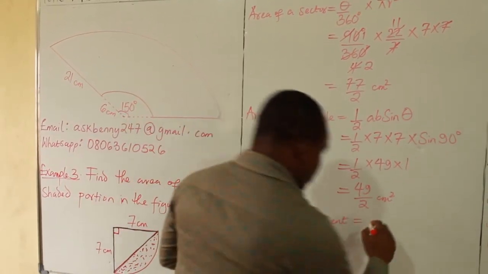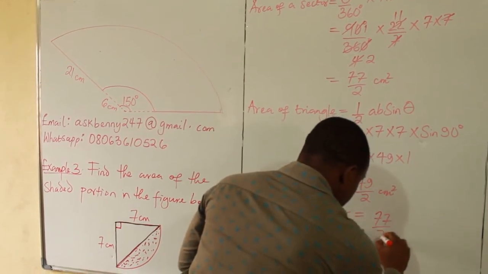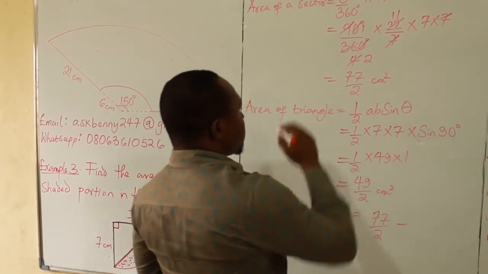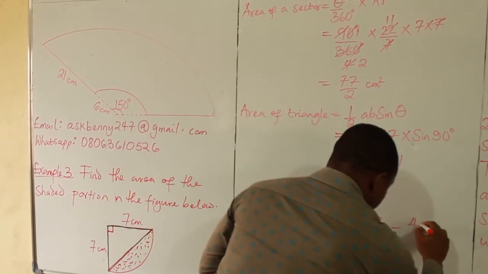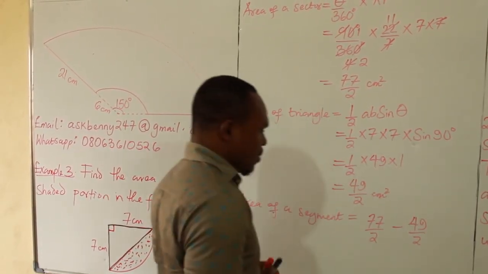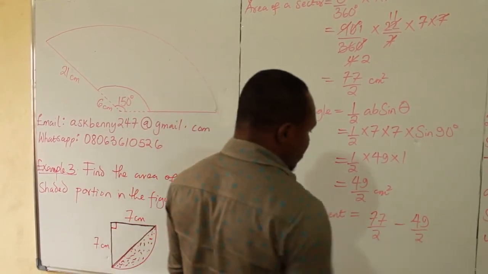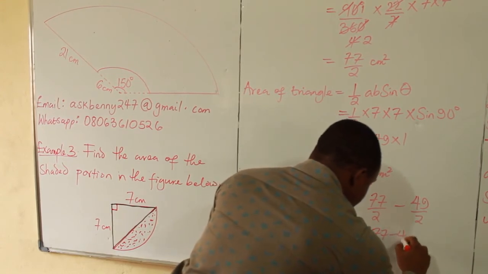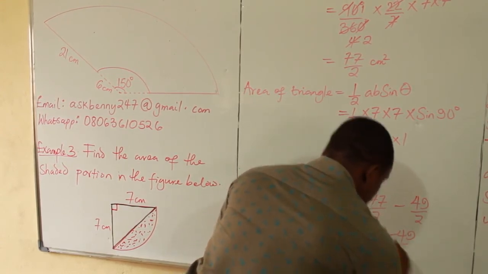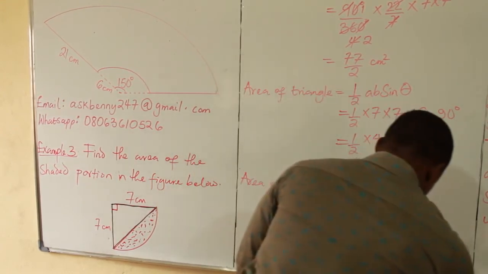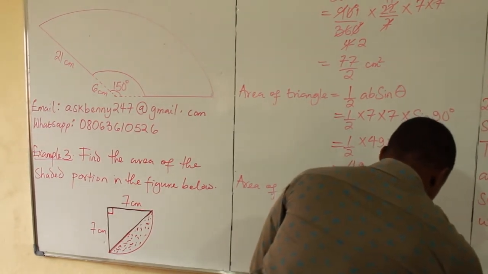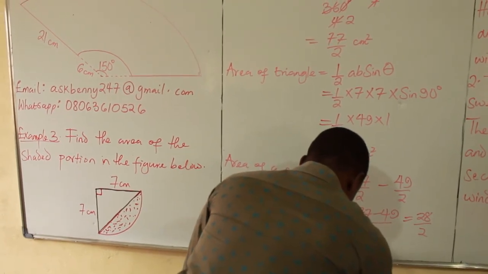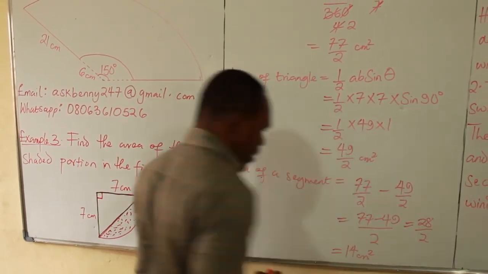The area of the sector is 77/2 cm squared minus the area of the triangle, which is 49/2 cm squared. Since they both have the same denominator, we have 77 minus 49 all divided by 2, which is 28/2, giving finally 14 centimeter squared.